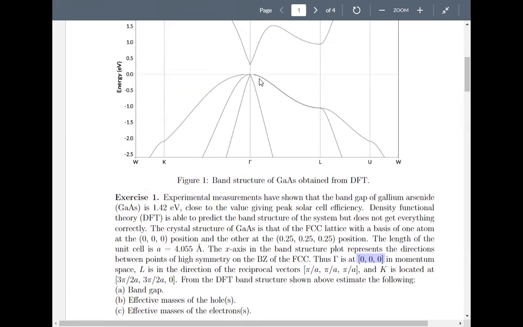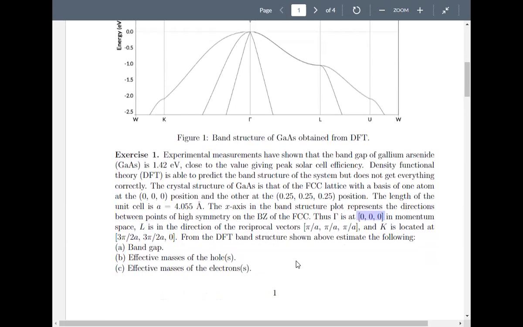And once you have that, now you can look at the formula that says what the effective mass is. The effective mass has to do with having an energy as a function of K, and you're fitting a parabola because you're going to take at least 3 points to do a quadratic fit.